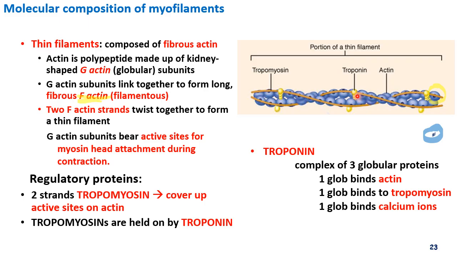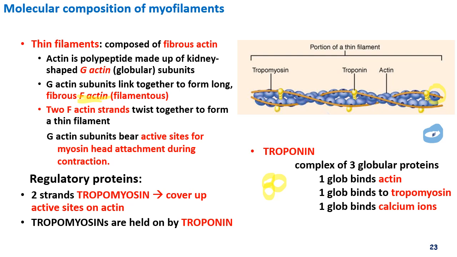Now troponin is going to regulate whether tropomyosin stays there or tropomyosin frees up the actin to interact with the myosin. Okay, so troponin, what is the job of troponin? It has three parts to it. Okay, so it is a blob that has three areas, three different parts to this protein.